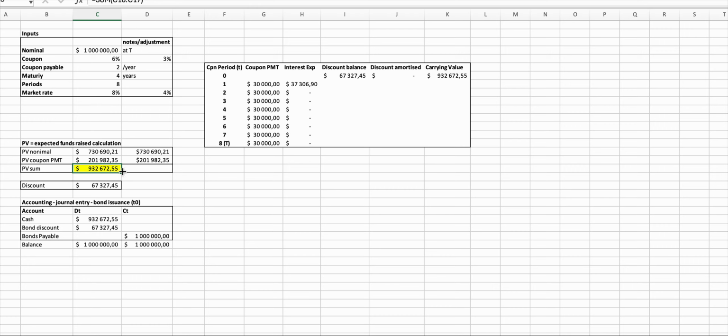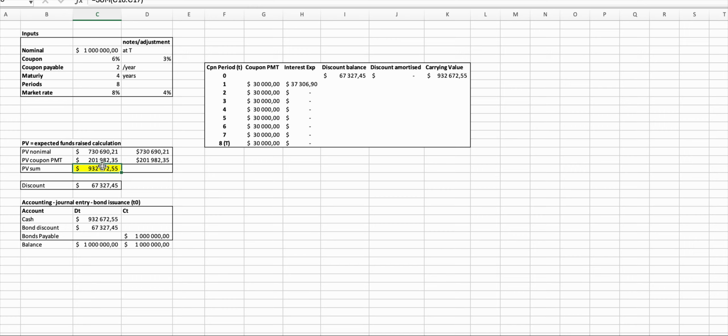932,672.55 euros. So as we see, the proceeds that we can expect from issuance of the bonds are lower than 1 million, than its nominal value. This means that the bond is issued at a discount, and this makes perfect sense because, as we know from the beginning, the coupon rate or the rate of interest generated by this bond is lower than the rate that the investors are expecting to get or requiring.